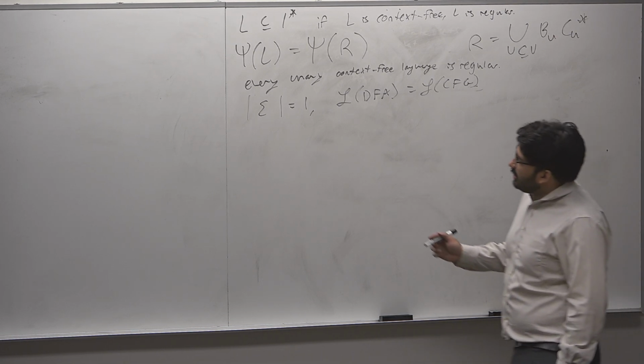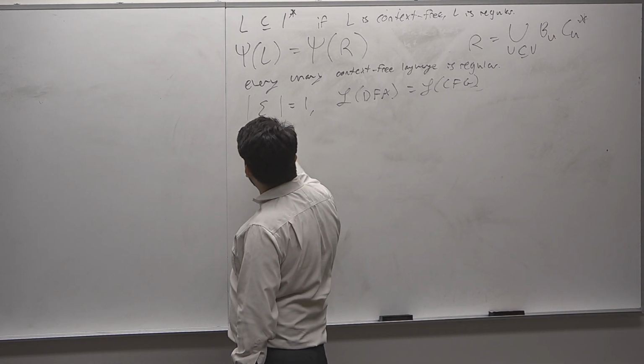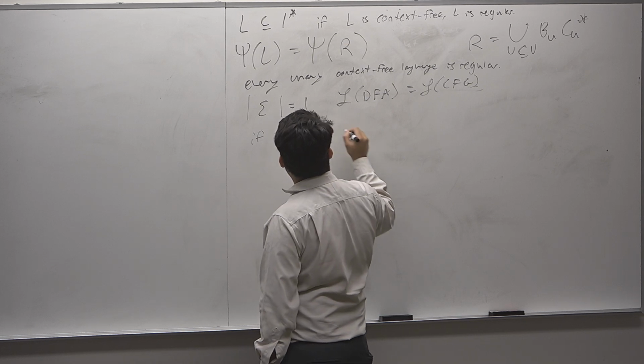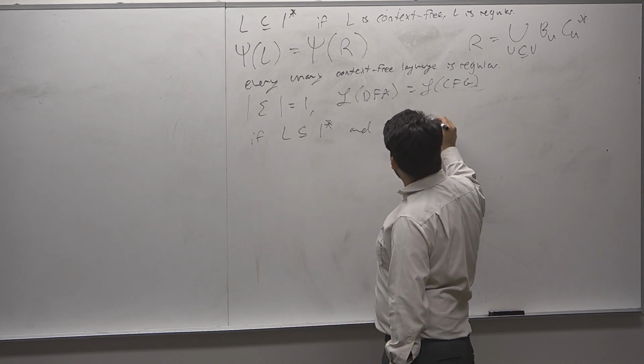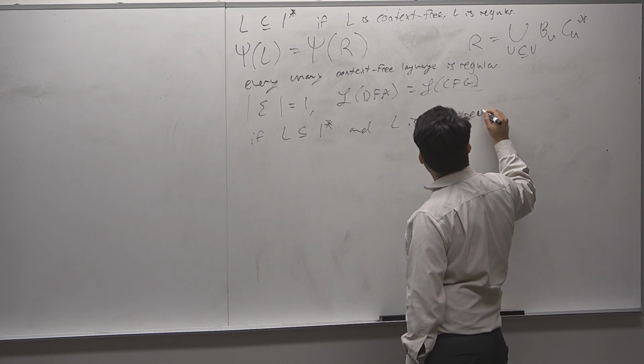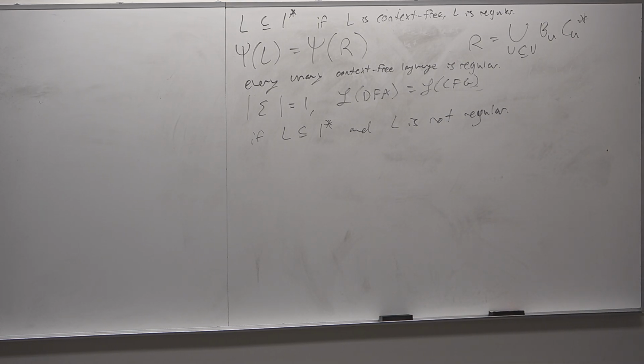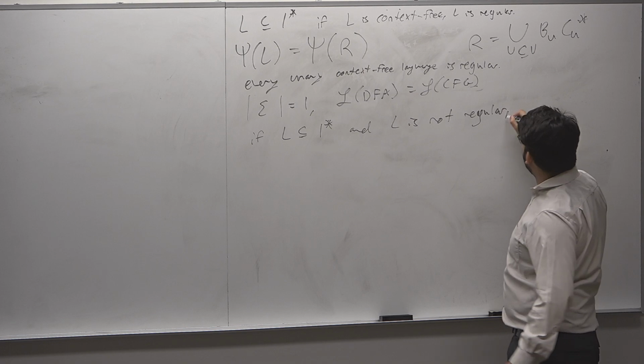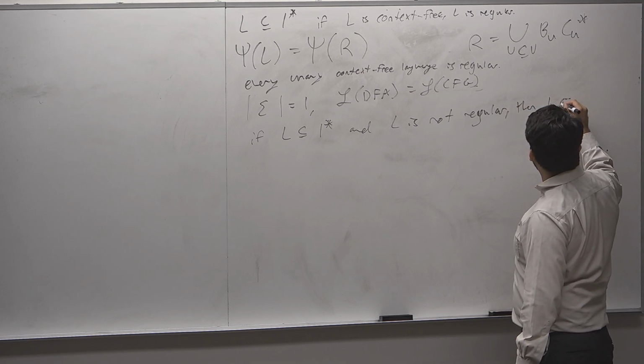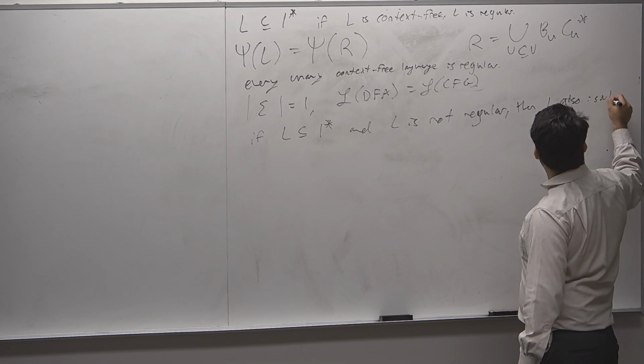The other thing is, if L is a subset of one star and L is not regular, suppose we pump it, what do we know about L as well? The contrapositive, it's not context-free. Yeah, then L also isn't context-free.